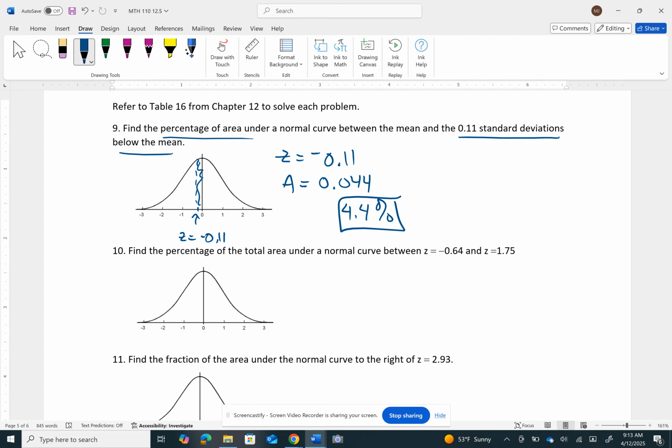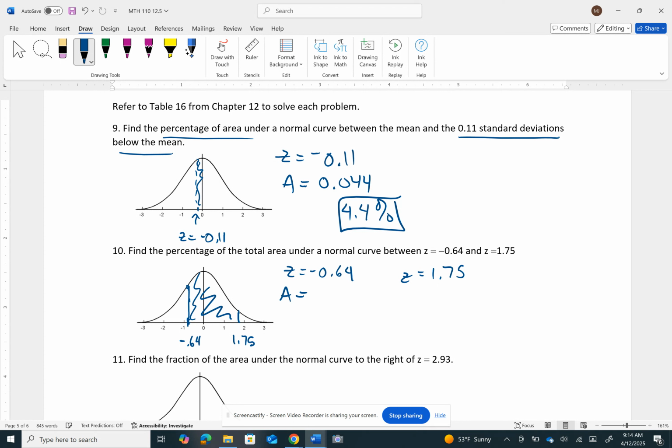And we got it. All right, now here we're being given the z, but we don't have the drawing. So 1.75 would be about right there. And negative 0.64 would not quite be to 1. It'd be a little over halfway. So you need to think about this and shade that and look at it. Then get your a values associated with each of these z's.